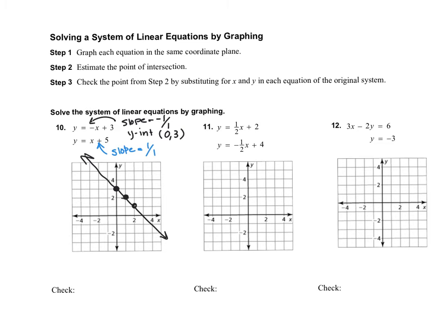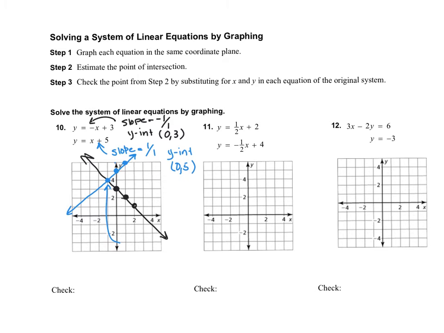I'm going to write that as a fraction. And our y-intercept is (0, 5). So at 5, I'm going to put my first point, and then we're going to go up 1, right 1. Now you also can go down 1 and to the left 1. Remember, two negative directions or two positive directions for a positive sloping line.